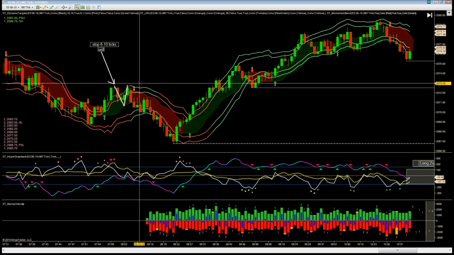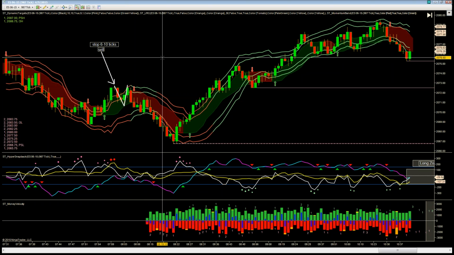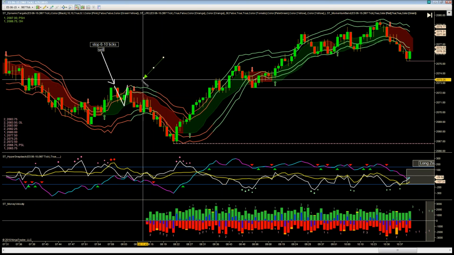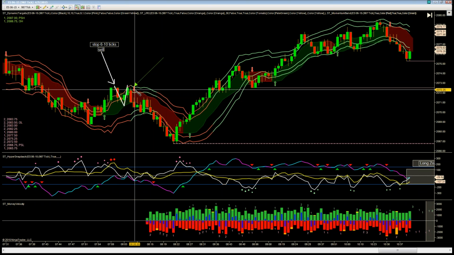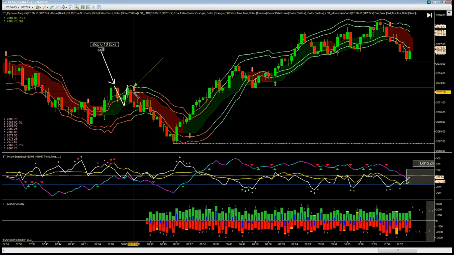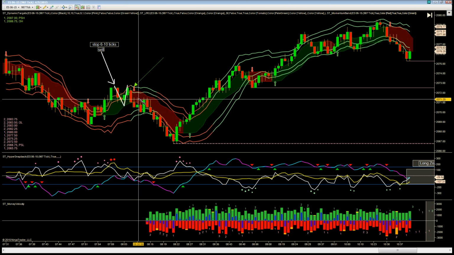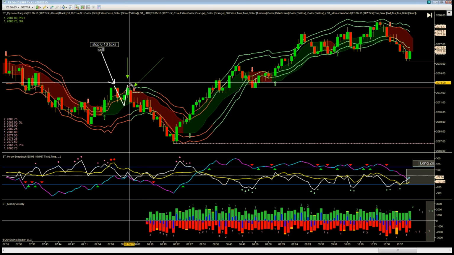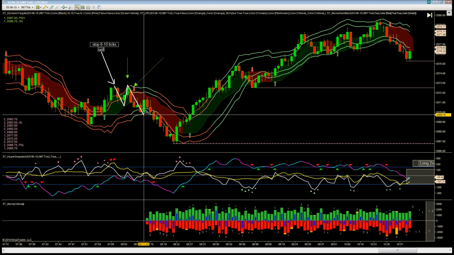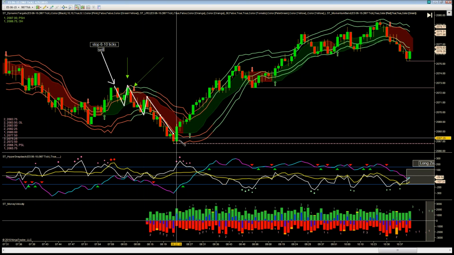And then we have a signal here with our trend study that there's a momentum breakout. And you can verify this on lower time frames. And then as it accelerates down, once again, you have a wave 1, 2, and 3.